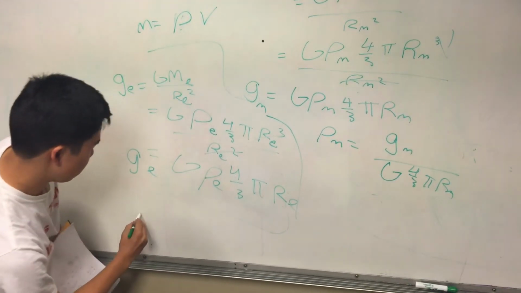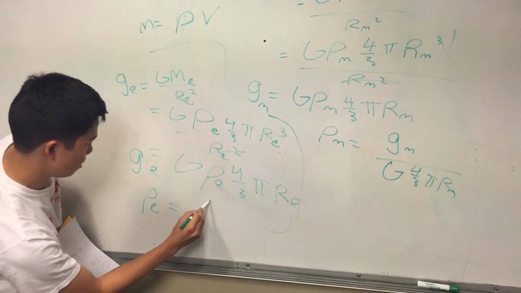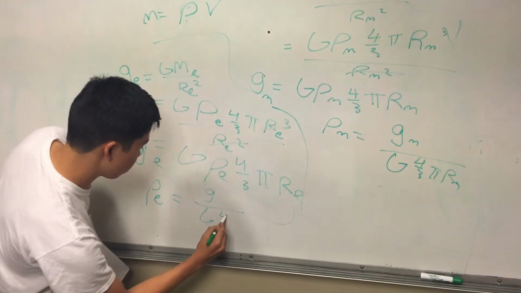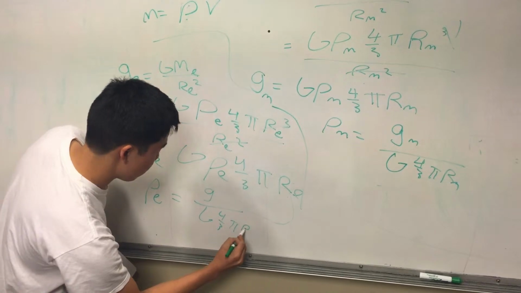And then here you'll get density of the Earth equals g over G times 4/3 pi radius of the Earth.